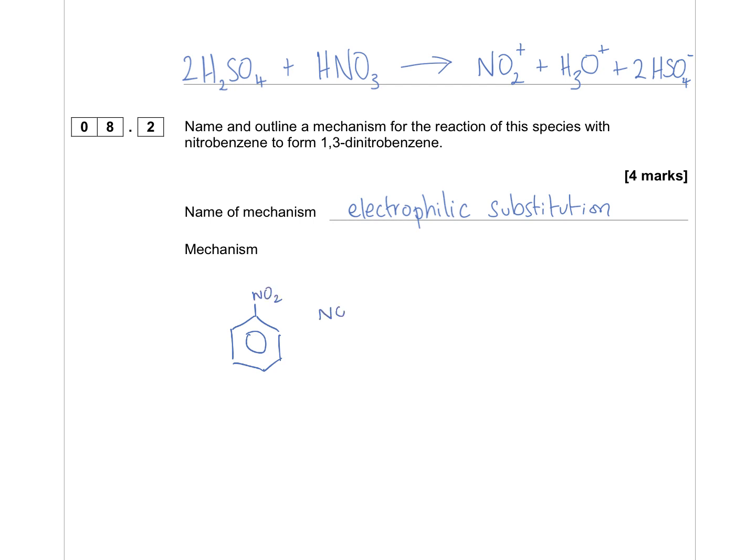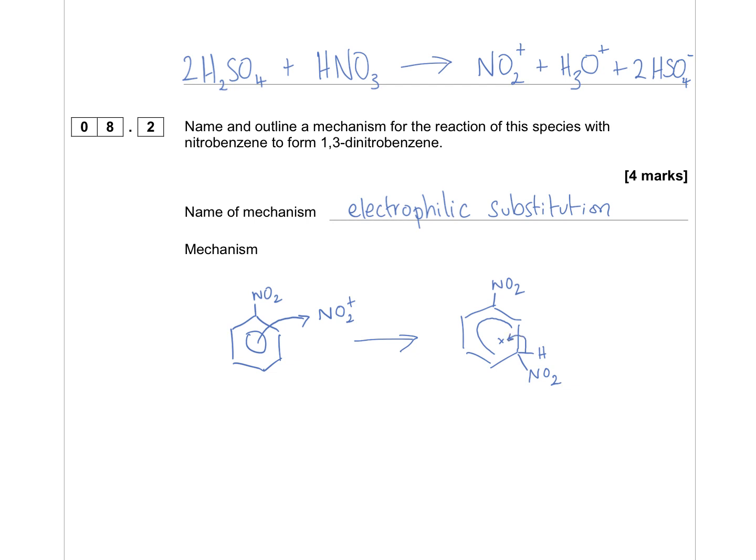And what happens is we're going to attack that with another nitro group, so this NO2+, and we draw a curly arrow from the benzene ring to the NO2+, and show our intermediate, which shows the ring with its existing NO2, and then where the NO2+ is attacked, it needs to have an NO2 and a H. And this distorts the ring, so we end up with a horseshoe shape, and that horseshoe shape needs to centre around where we've got the NO2 attacked, and there'll be a positive charge.